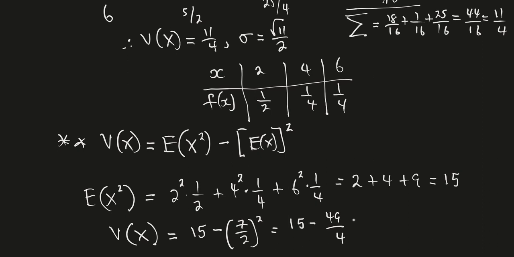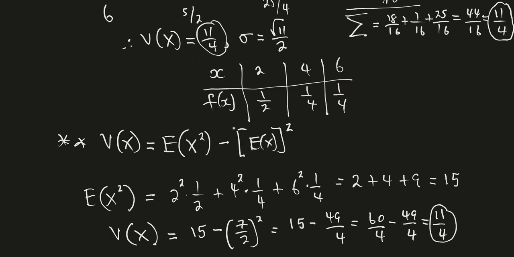Well, that means we need a common denominator of 4. So this is 60 over 4 minus 49 over 4, and that gives us 11 over 4. And that's exactly what we got right here. In fact, let me circle this one as well.